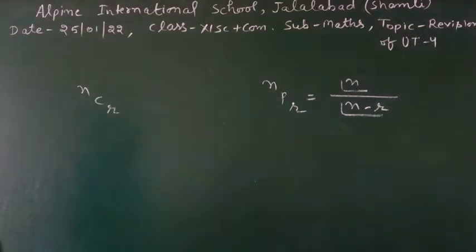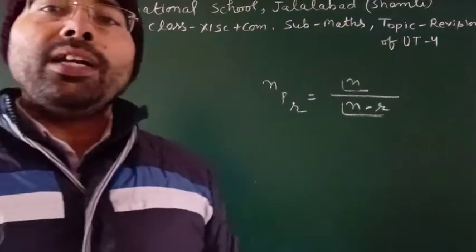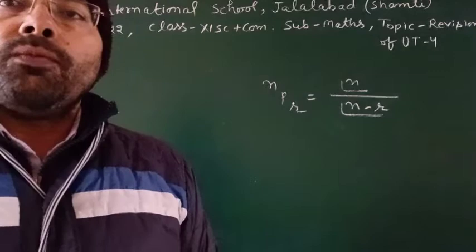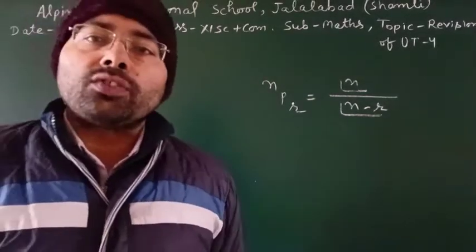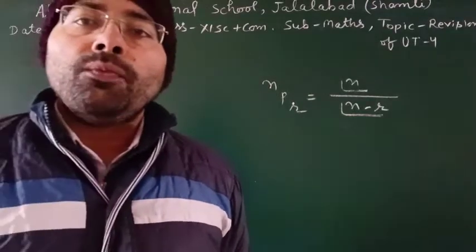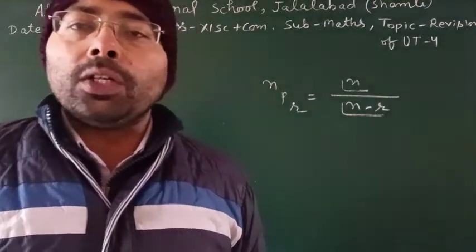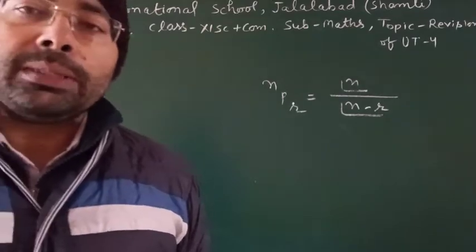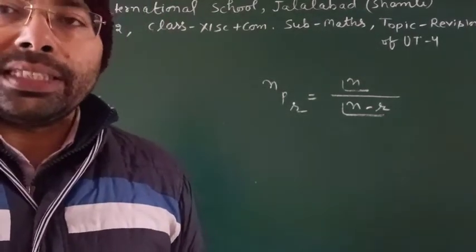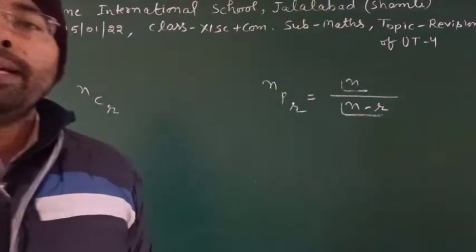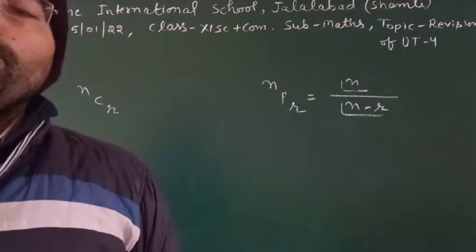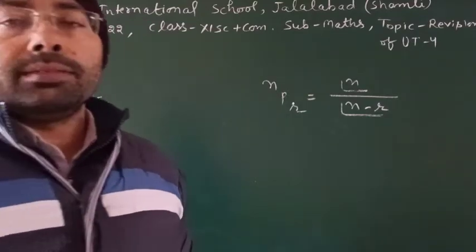Remember also, factorial is defined only for whole numbers. Factorial of -1, factorial of -2, factorial of -5 by 2, factorial of 7 upon 2 is not possible. It is undefined. It does not exist. So remember always, factorial is always defined for positive whole numbers.